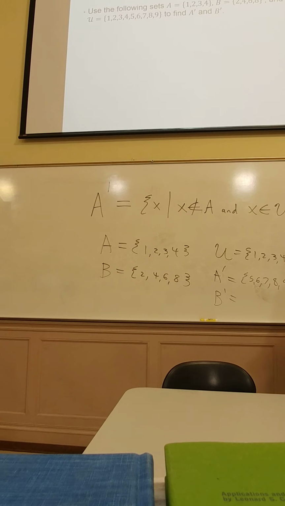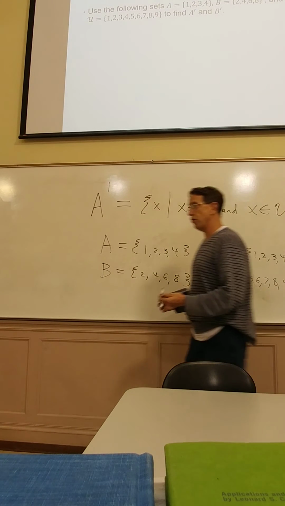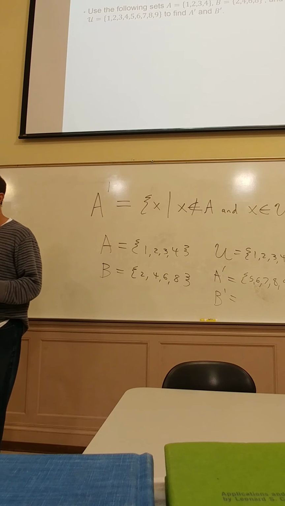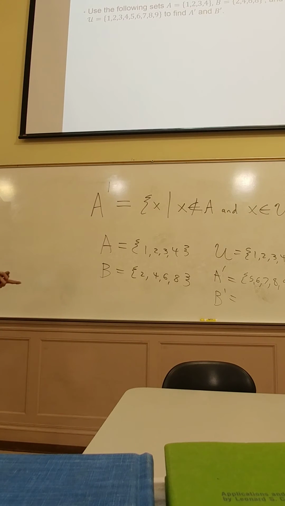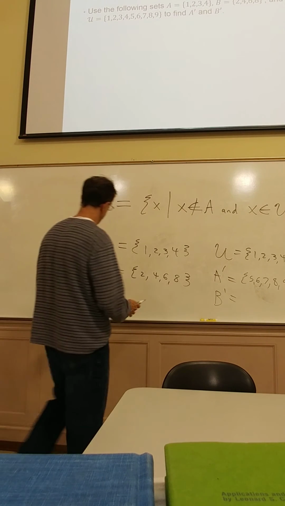So the universal set will vary from problem to problem. In this particular problem, it's 1 through 9. It could be 3, 4, 5, 6, 7 in the next problem. It's just something that's given to you. You don't have to worry about it. That is a set that will be provided, the universal set.